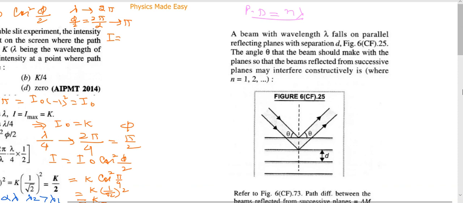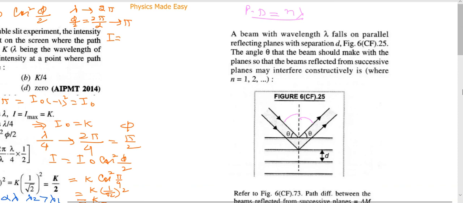This is the grazing angle and not the angle with the normal. Also note this difference. In reflection, we take the angle with the normal. Even in refraction, the basic principle is that we take the angle of incidence and angle of reflection or refraction with the normal. Here, it is with the plane.